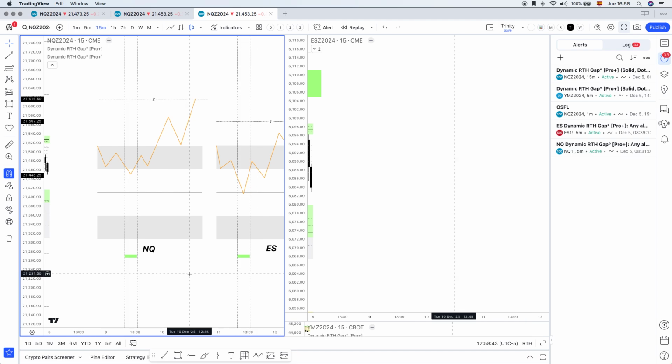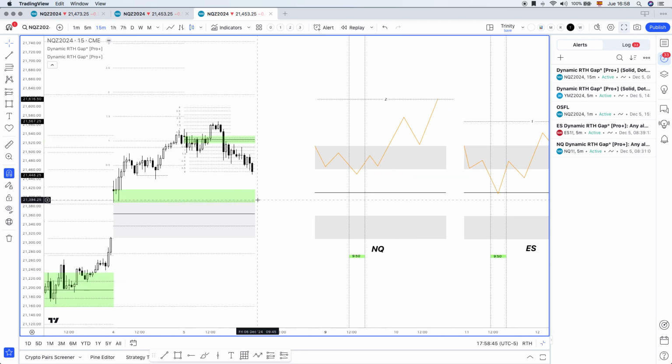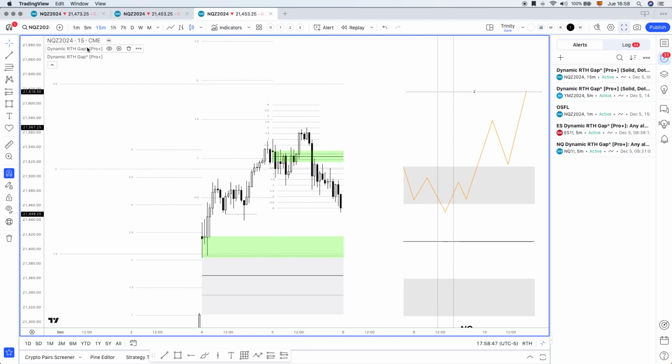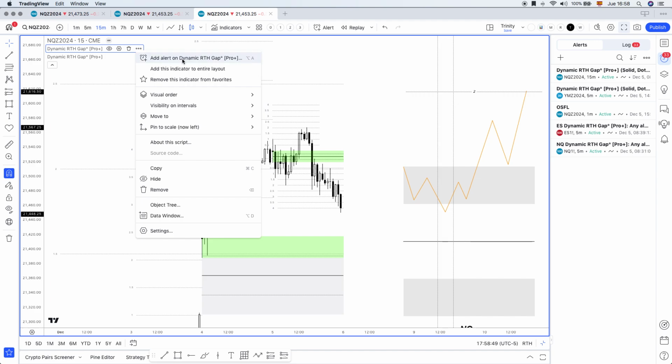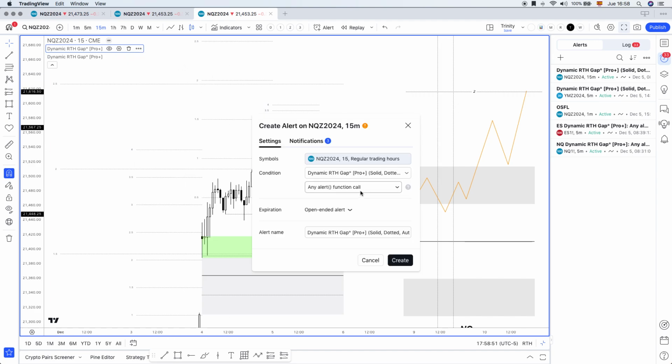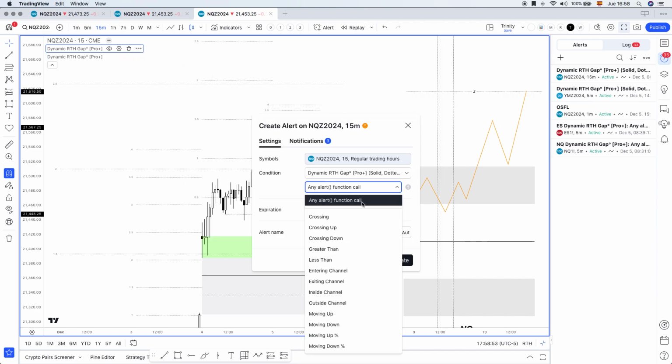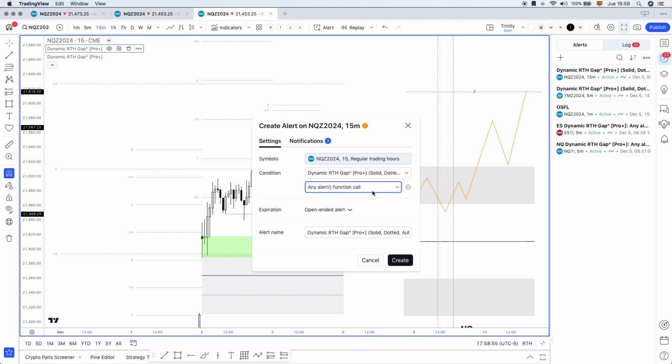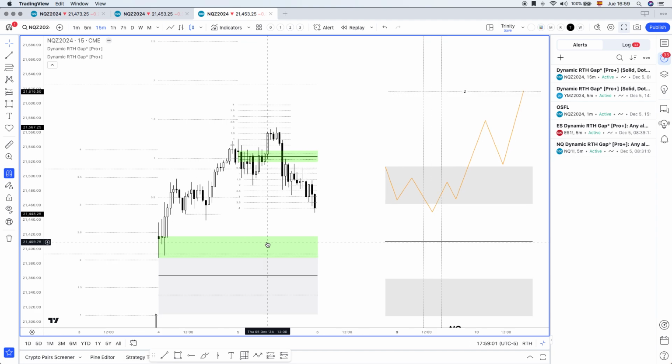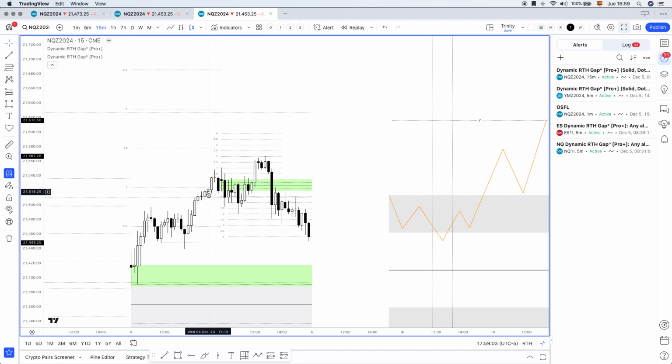The way you toggle this on is you click here, add an alert here, choose the function call alert, here the tool, and create the alarm. So every time that price reaches the consequent encroachment, the quadrants, or the gap fill, you are going to receive an alarm here.